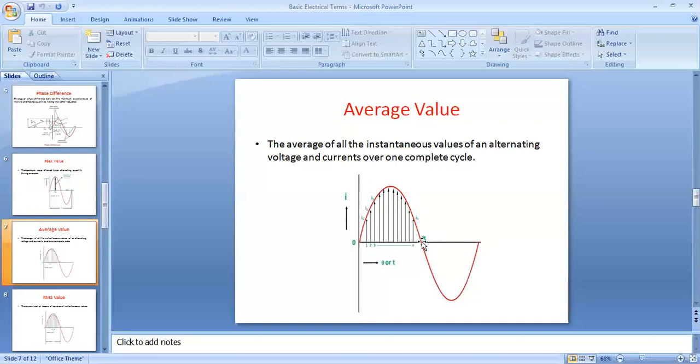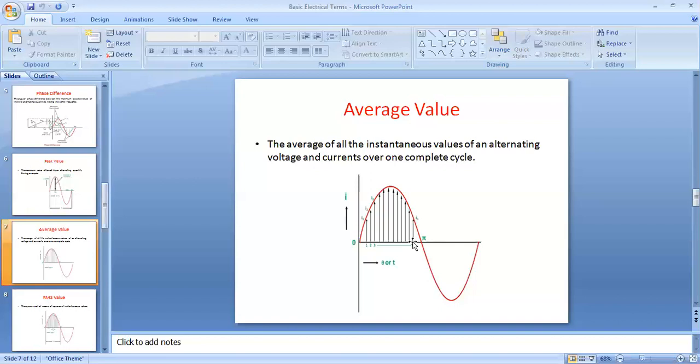That means here it is shown 1, 2, 3 up to n. So consider I1, I2, I3 up to In for those n number of equal parts, the n number of currents I1 to In.